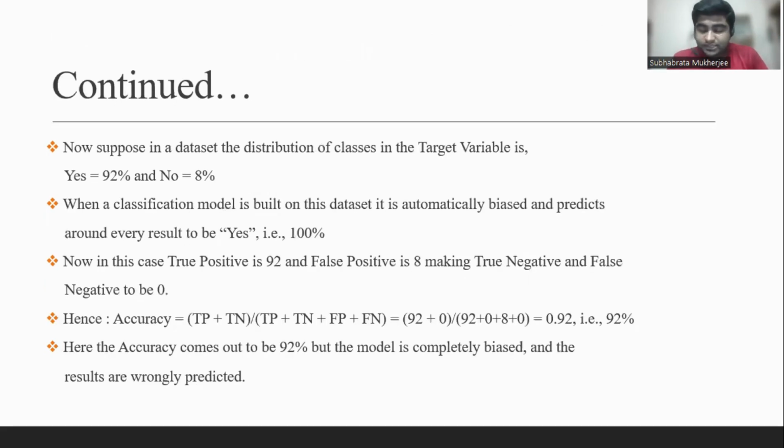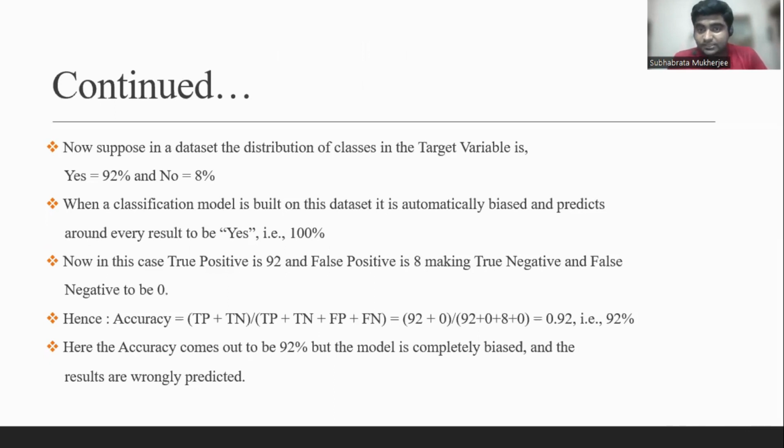Now, if we take an example, suppose you have one binary classification dataset where the target variable contains two classes, yes and no. And we have 92% yes values and only 8% no values.